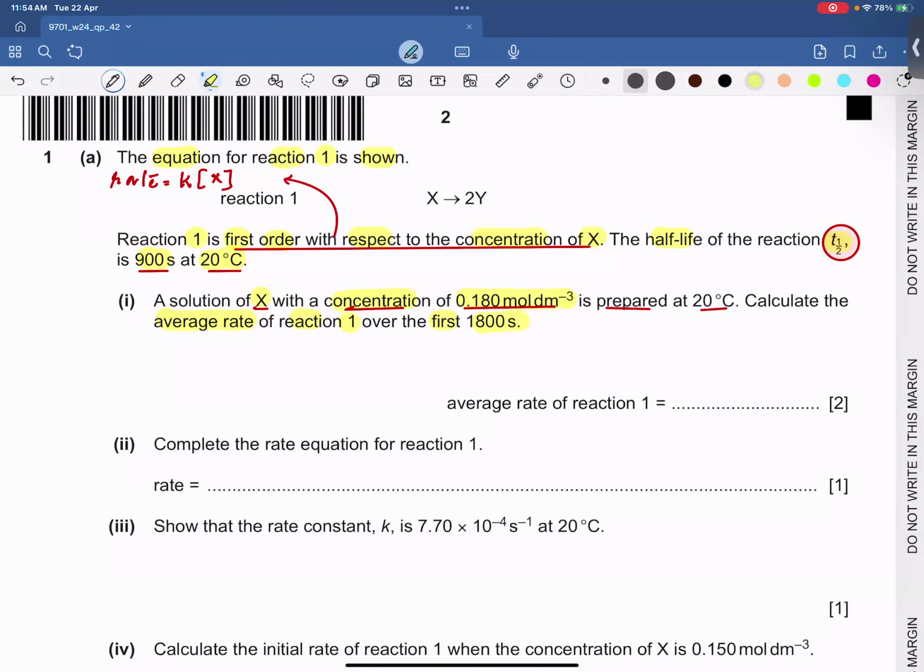So to calculate the average rate, the formula is going to be change in concentration over time taken.